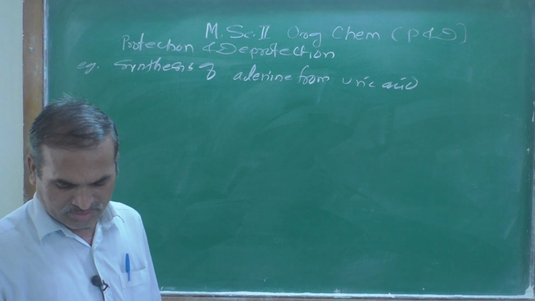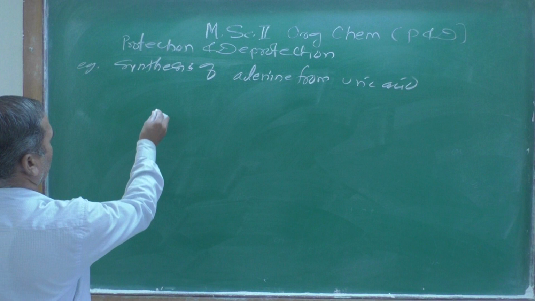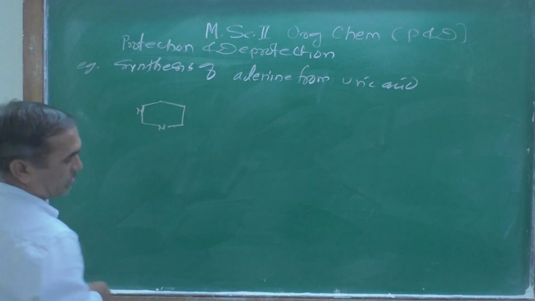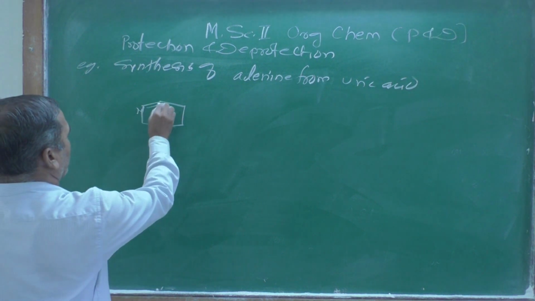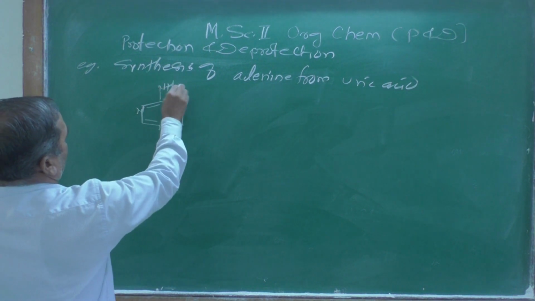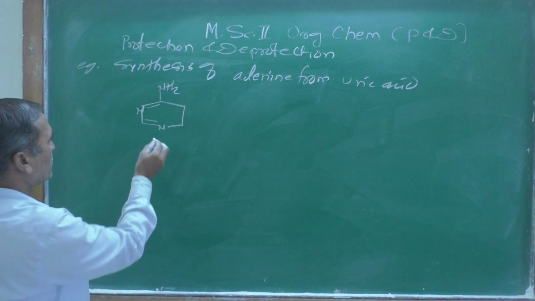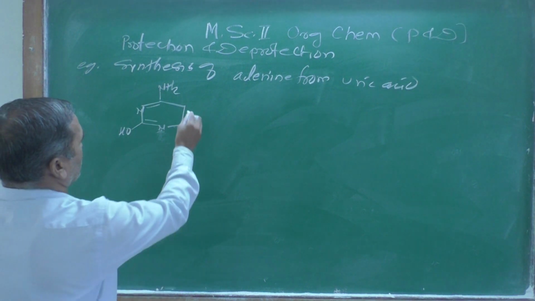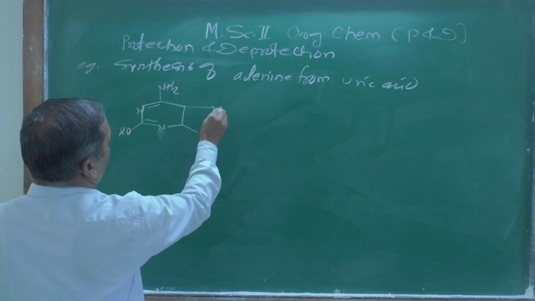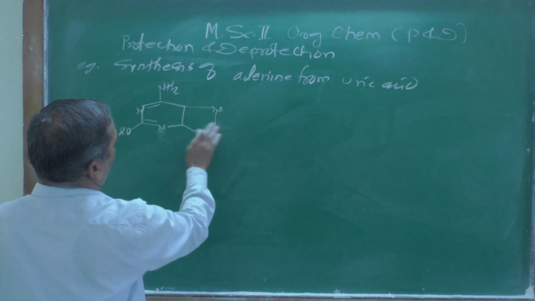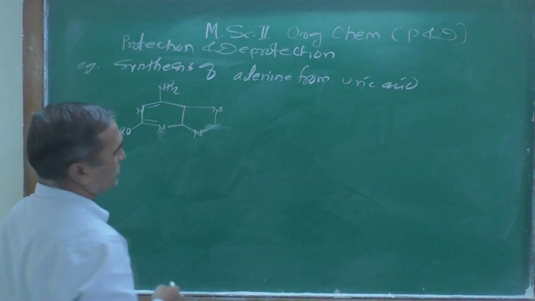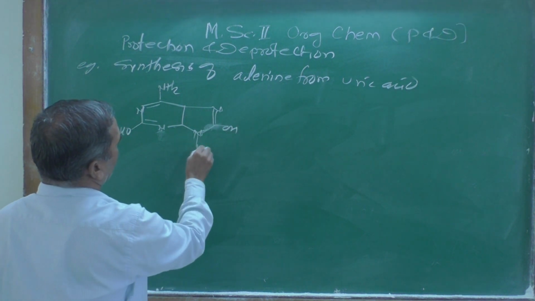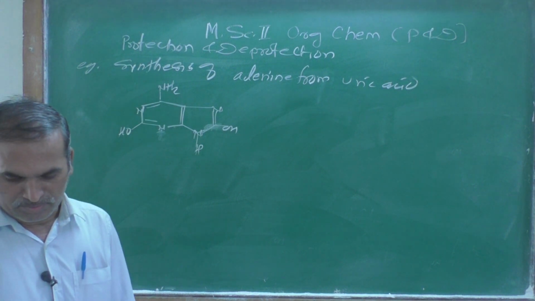Let us see the structure of uric acid. It will be this one, with the N present at the 1,3 position. Then here is an NH2, and here HO, then this N, then N, and the OH present there, a hydrogen atom here, and this double bond must be there.